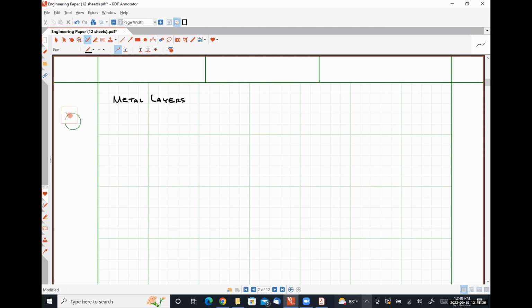So embedded here in our discussion of the metal layers, we are also going to be talking about two other layers, the contact layer and the via layers, okay?